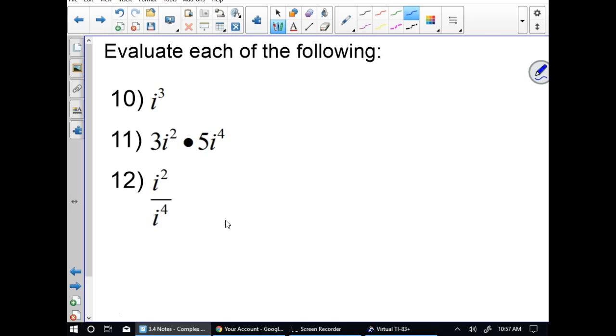Alright, back to this. We just said that we're going to let i equal the square root of negative 1. We have established that, since we don't like negatives under the square roots, we're just going to call it i so we can deal with it. So, if I have i squared, then that means that's the square root of negative 1 squared. Correct? So what is that?